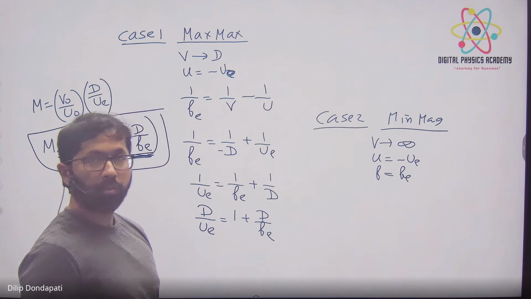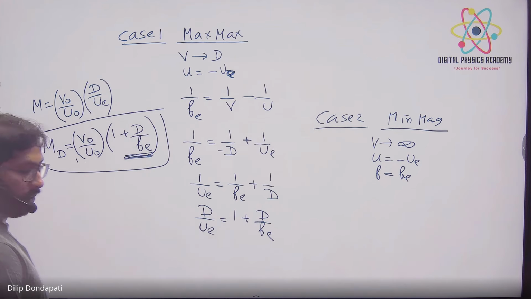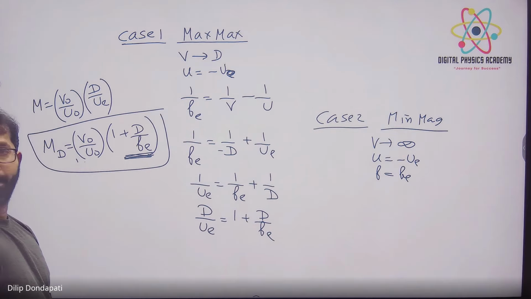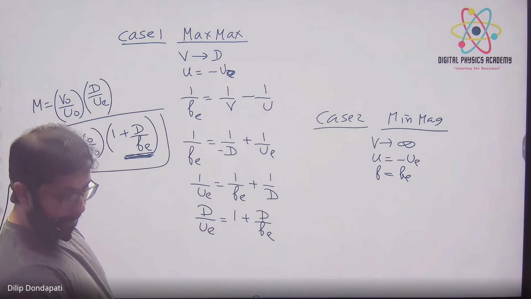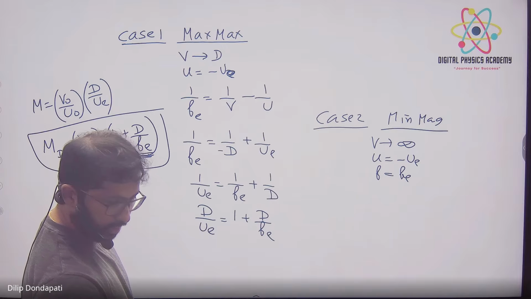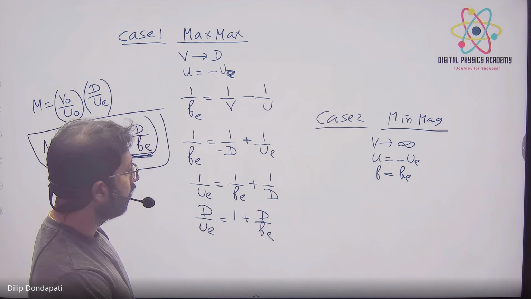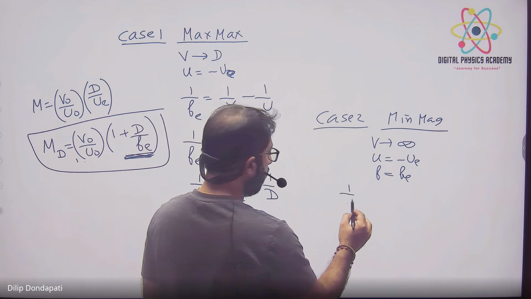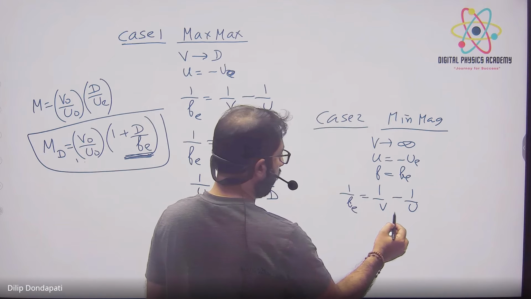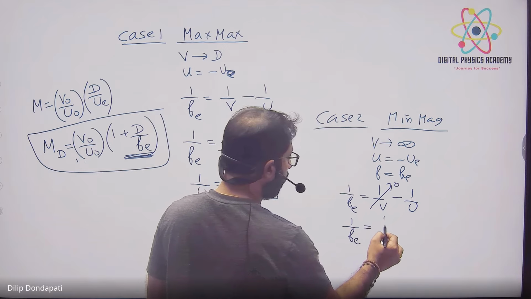Now use the lens formula: 1 by F is equal to 1 by V minus 1 by U. So with V at infinity, 1/V is 0, so 1 by FE is equal to 1 by UE.